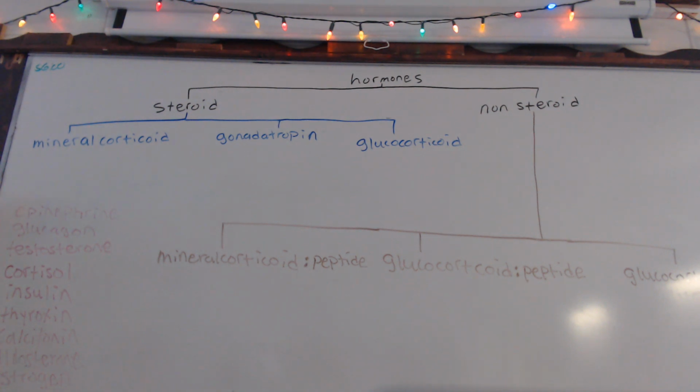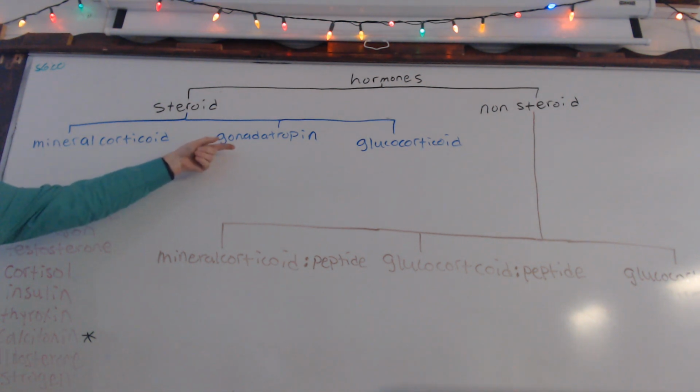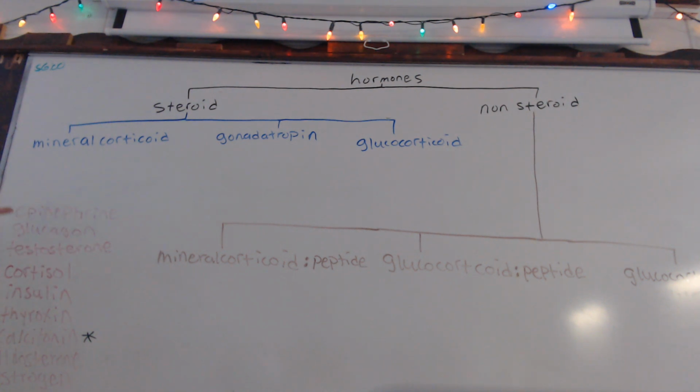So if we eliminate the ones that it's not that one, okay? So do we know what controls the male and female gonads of these hormones? Between men and women.